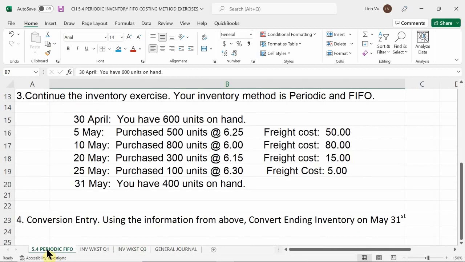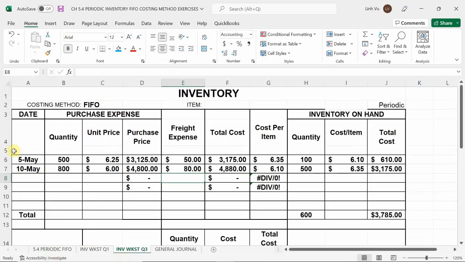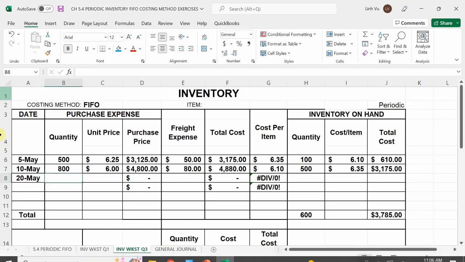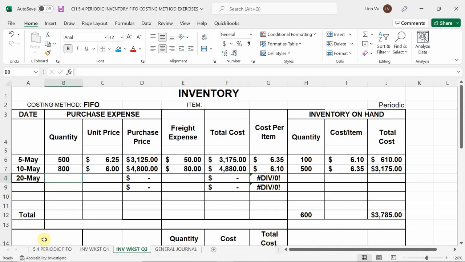Okay. Next one is May 20th, where we purchased 300 units at $6.15 with a freight of $15. So May 20th, 300 units at $6.15 with a freight of $15.